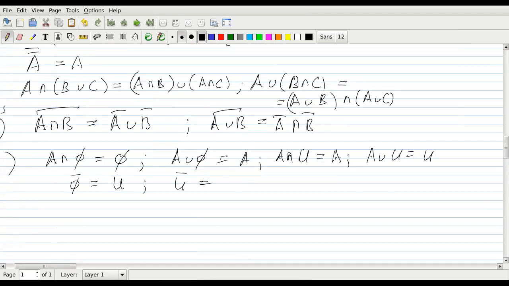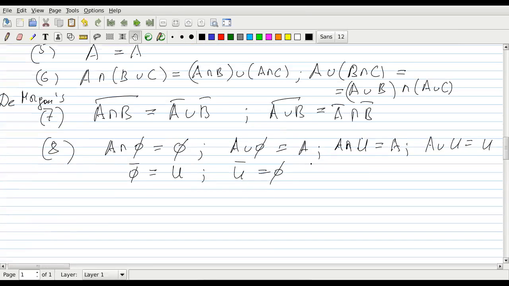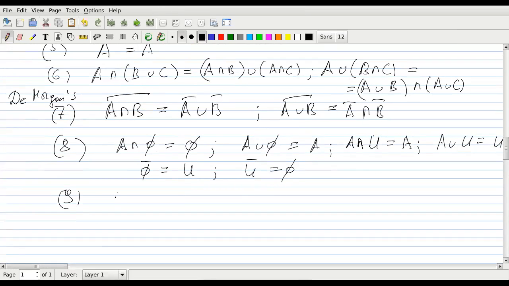The complement of the universe is the empty set. And the last one: the intersection of a set with its complement is empty. They are disjoint. And the union of a set with its complement yields the whole universe.